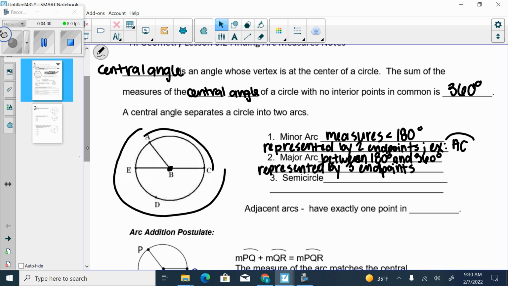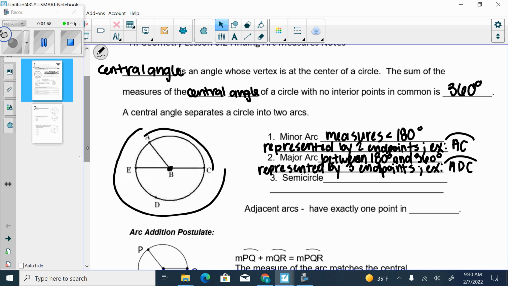So if I add in an extra letter on that other side, you'll know that I want you to go the other way. So you could name this arc ADC. That way you know which direction you're supposed to be going to measure. You still put the little arc above your letters.